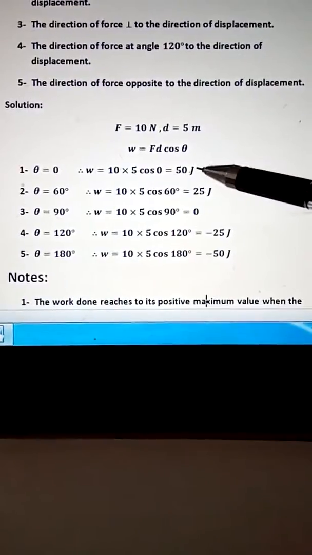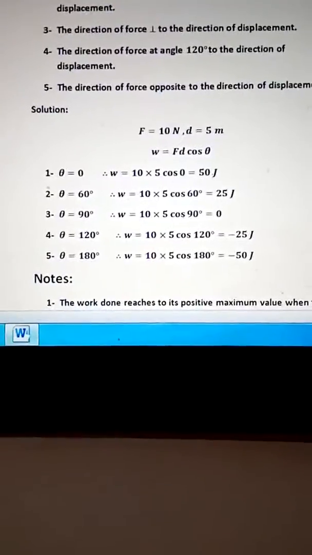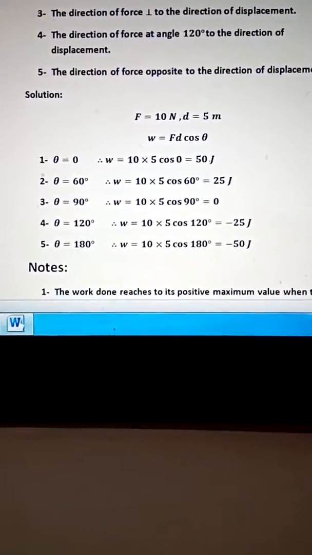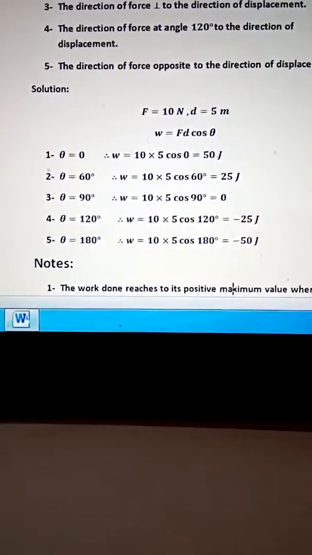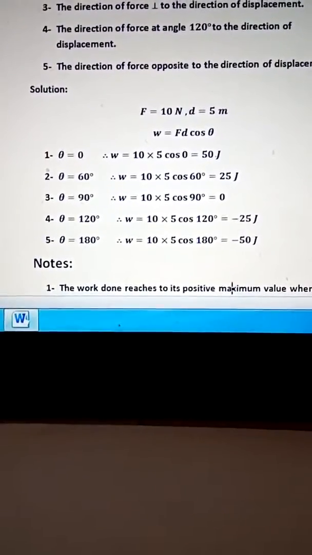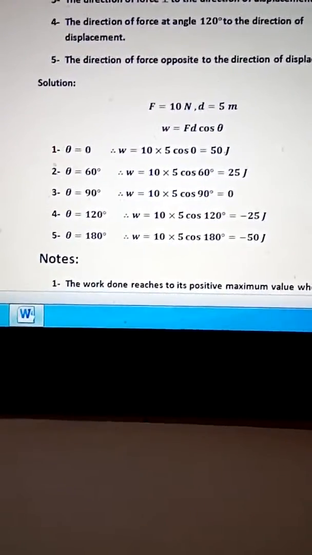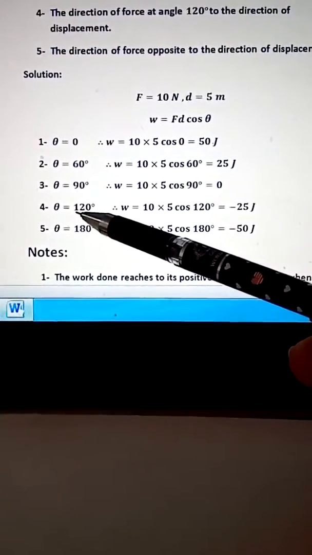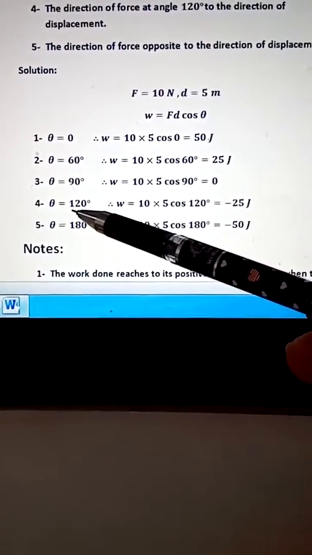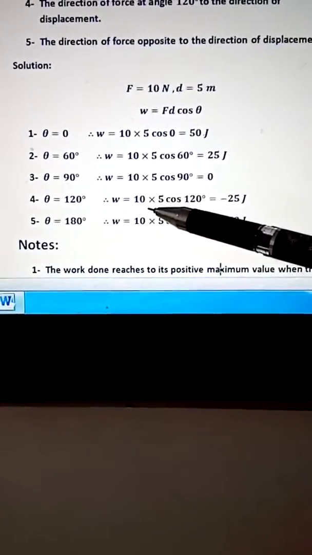For example, the positive work done is the work done by your weight when you move down a ladder, and work done vanishes such as the work done by the centripetal force, and your weight when you move on a horizontal road.